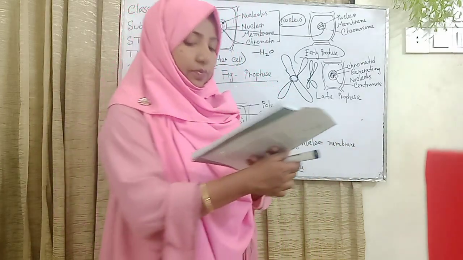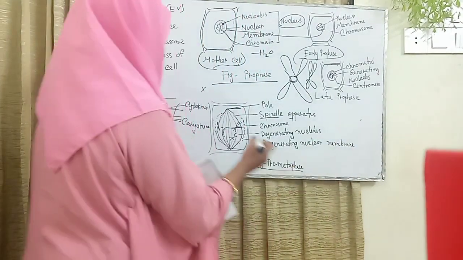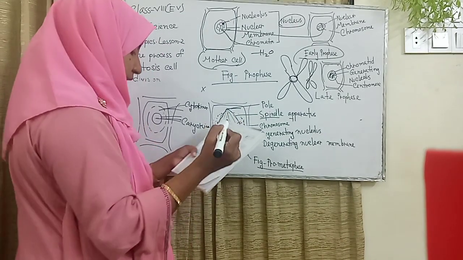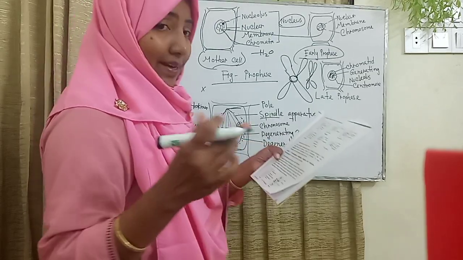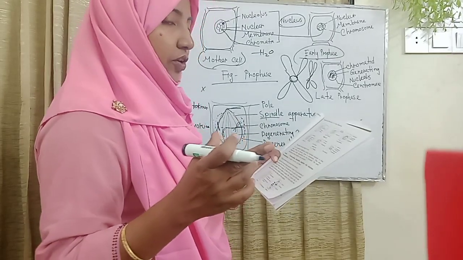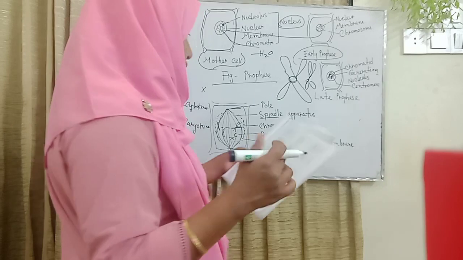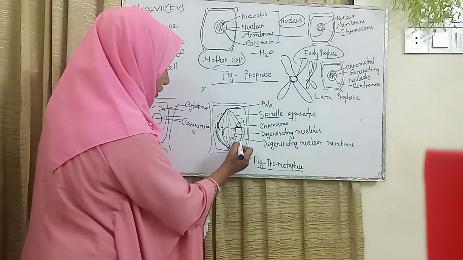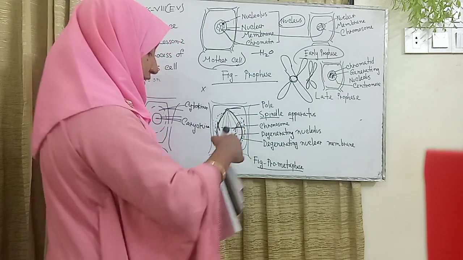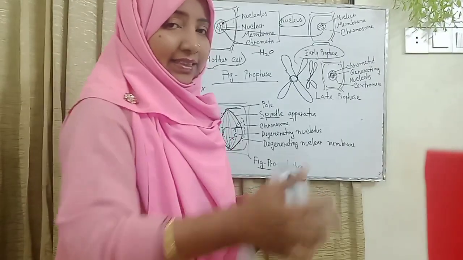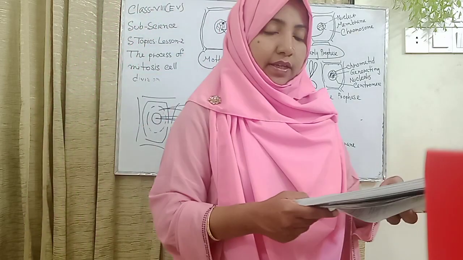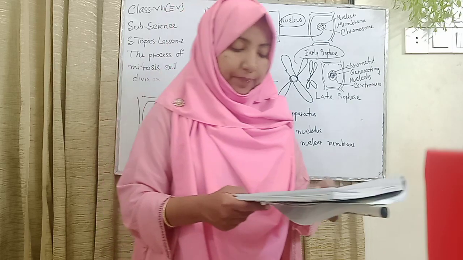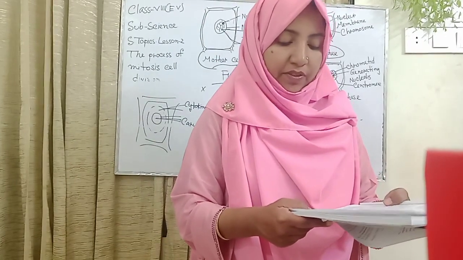The fibers are fiber-like in shape. Again I repeat, the fibers of the spindle spread from one pole to another, and they are joined. This structure is the spindle apparatus, and it comes from protein.